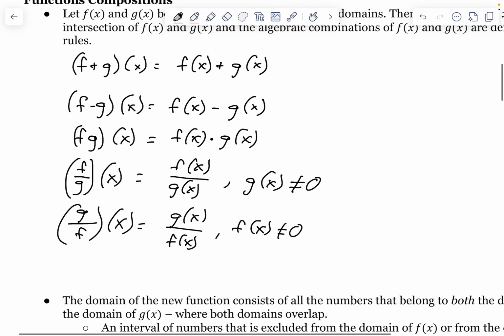Two more quick ones. I could also have f, it looks like f with a little open circle, like an open multiplication symbol, of x. That means take f, and inside of f, plug in the entire function of g.